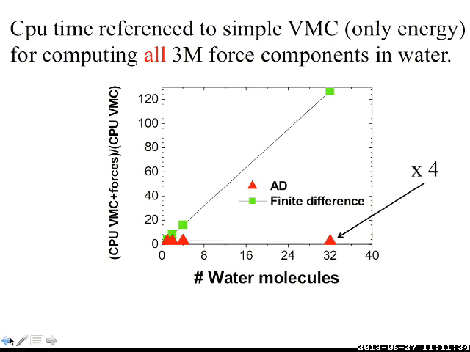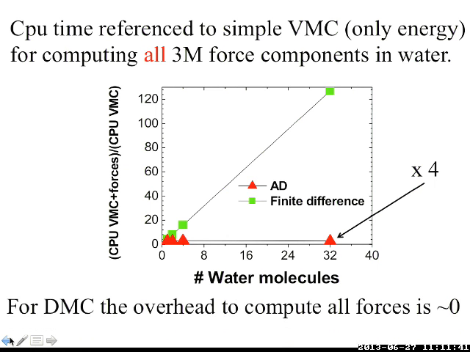Essentially, you lose only a factor of 4 for more than 100 force components. For DMC, this factor of 4 becomes even smaller because DMC is even slower in order to create an uncorrelated sample. Of course, there is still the problem of how to compute DMC forces. There is some discussion in the literature, and maybe there will be some in this afternoon's discussion.